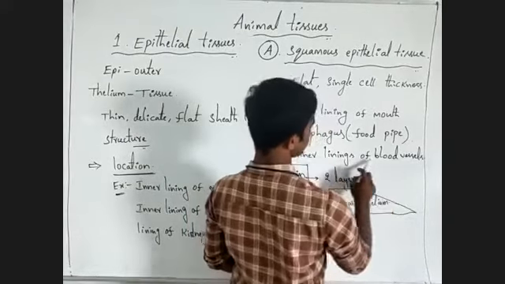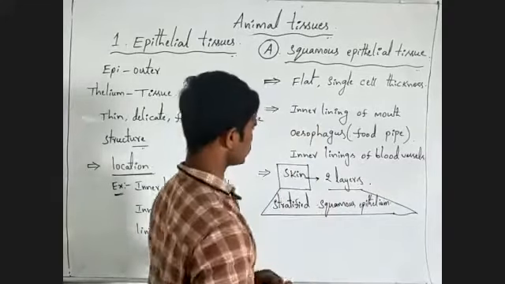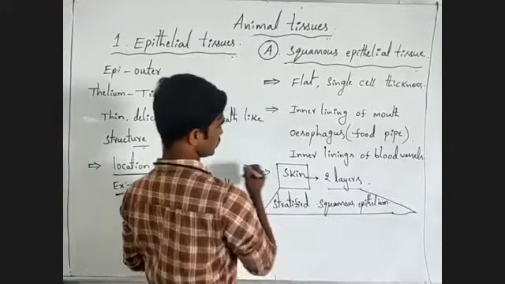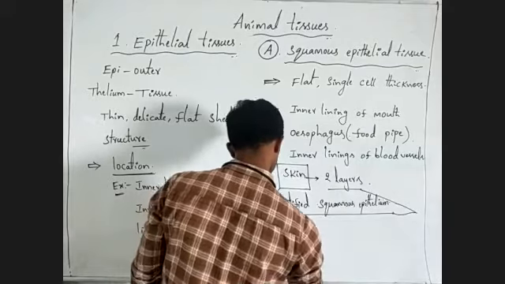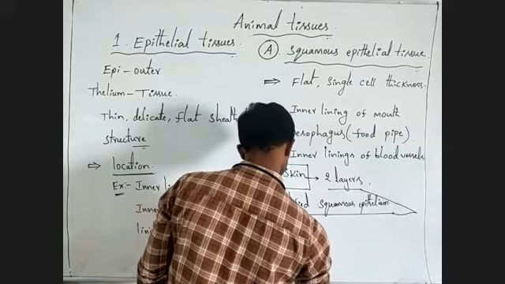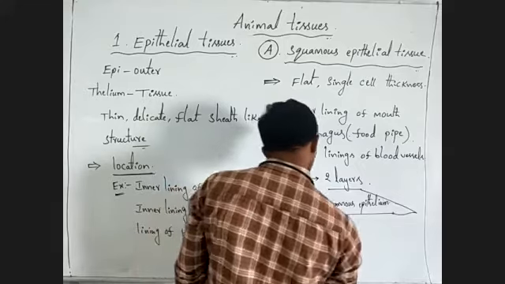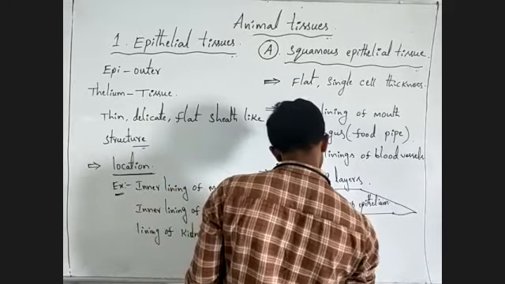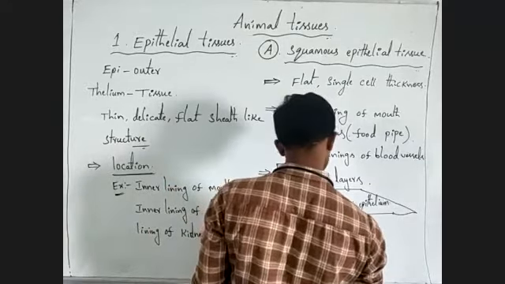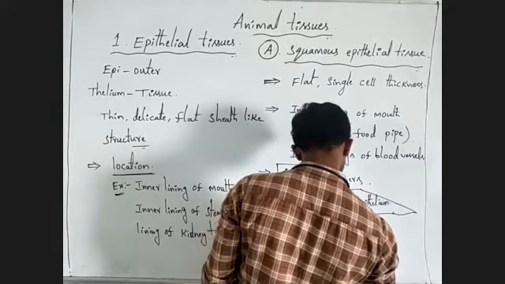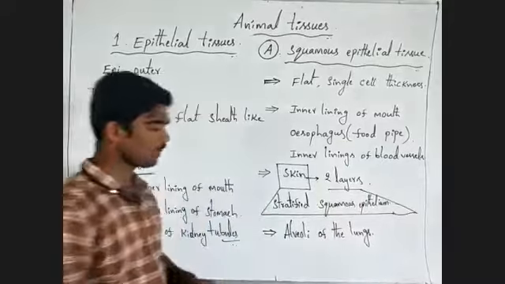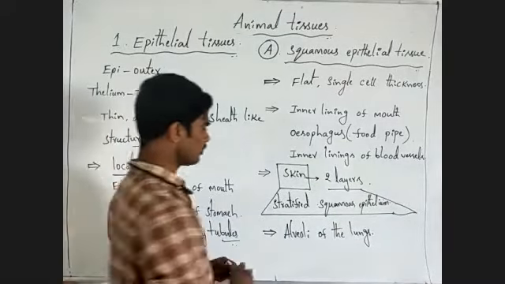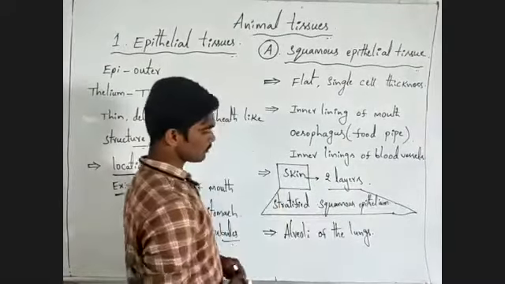Okay, next, the inner lining of blood vessels. Next, the alveoli of the lung are also made up of squamous epithelial tissue.